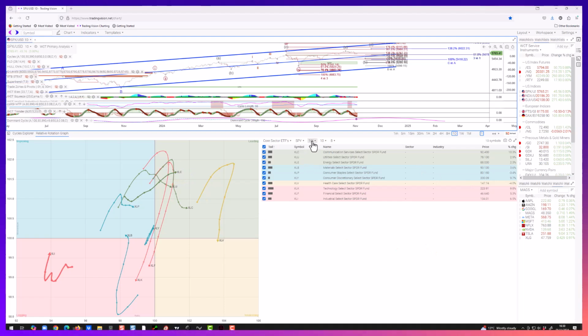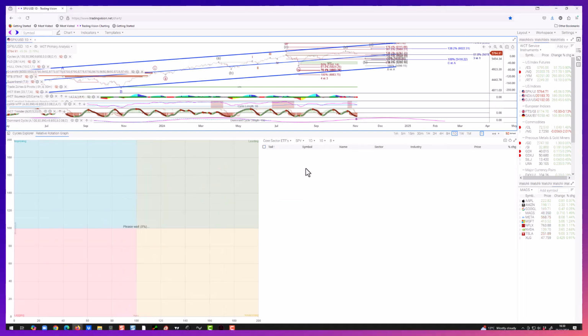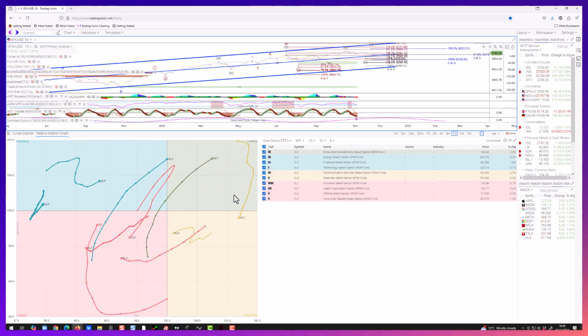Now, if I come down to the daily charts and we just bring that in a time frame, there's XLY coming all the way out of lagging into improving and up into leading on a daily time frame. That, as I say, is very much driven in the last week or so by Amazon and Tesla. Now, XLF is starting to look like it's going to improve and move across, but it's not there.